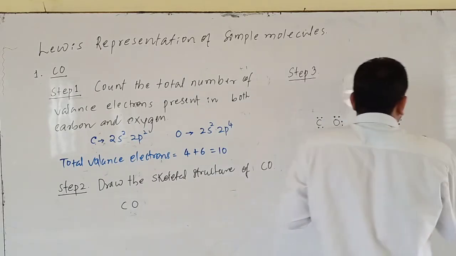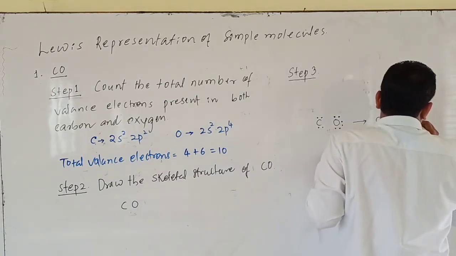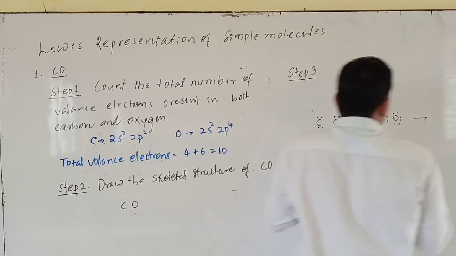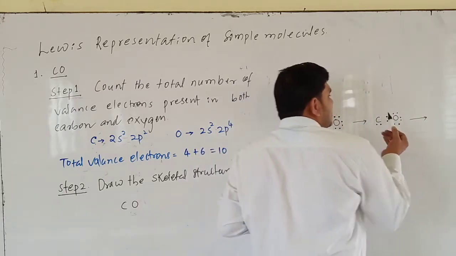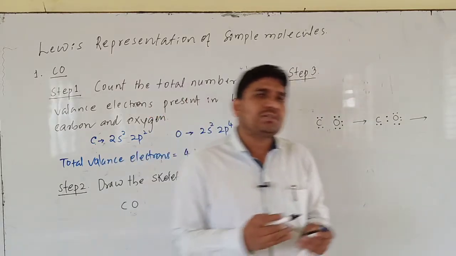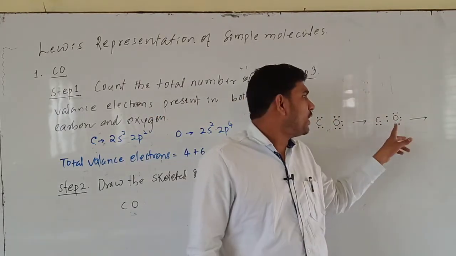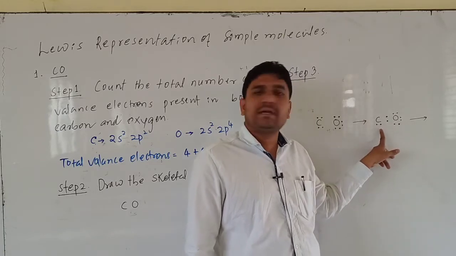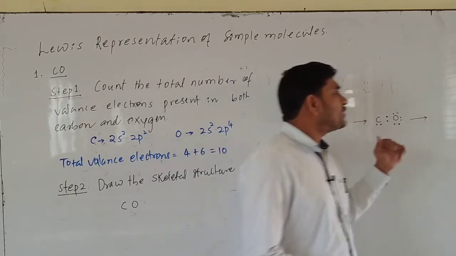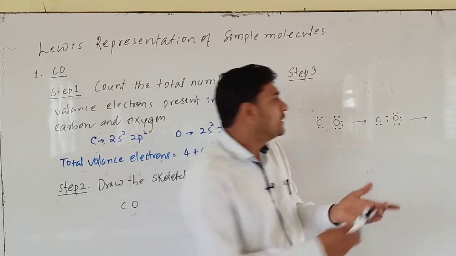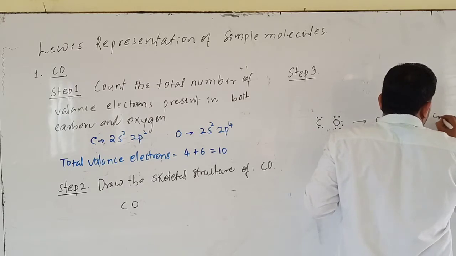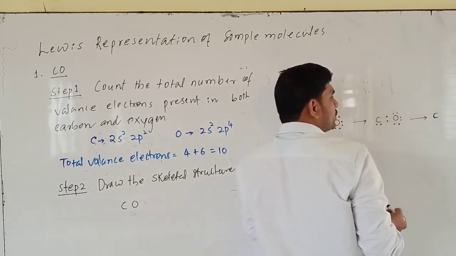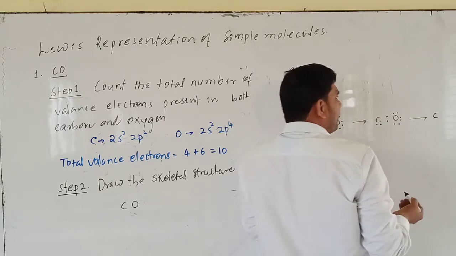Now, what do you do? Now you resort to multiple bonding. First, I drew a single bond. By drawing the single bond, oxygen satisfies the octet configuration, whereas carbon doesn't. So now resort to a double bond. Share the electrons from the oxygen.